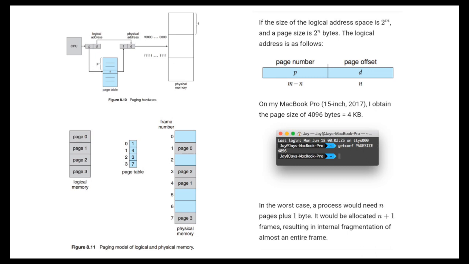Page table entries, frame numbers, are typically 32-bit numbers, allowing access to 2^32 physical page frames. If those frames are 4 KB in size each, that translates to 16 TB of addressable physical memory. 32 plus 12 equals 44 bits of physical address space.